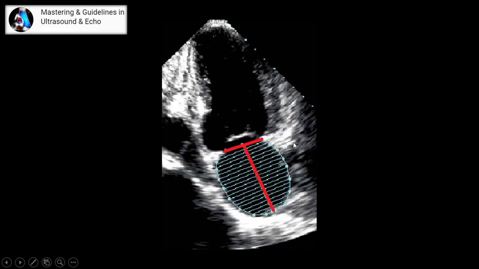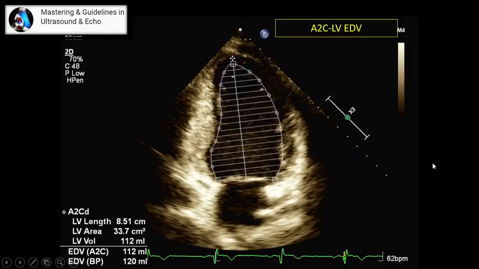After doing the left ventricular ejection fraction, we repeated Simpson in the left apical 2, and then we go for the last measurement for diastolic dysfunction, and that is left atrial volume in apical 2. We follow the same rule for measuring left atrial volume, and when we do this, the machine calculates for us the left atrial volume index.